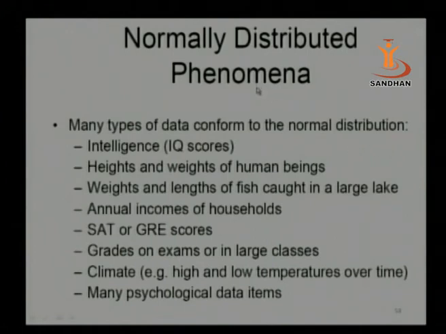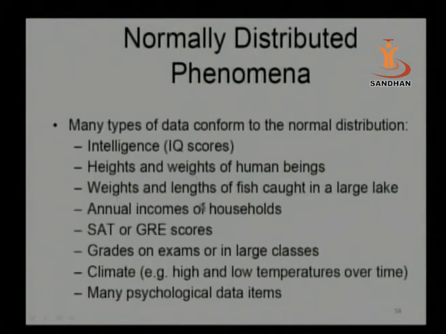Now let us discuss normally distributed phenomena. Many types of data conform to the normal distribution. Examples: if you are gathering data for intelligence or IQ scores, it will follow the normal distribution. Similarly, data of height and weight of human beings or any animal also follow the normal distribution.